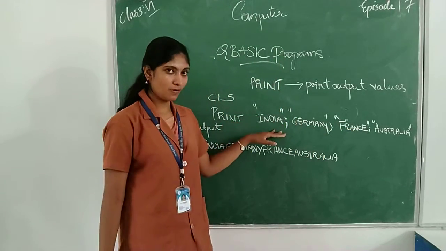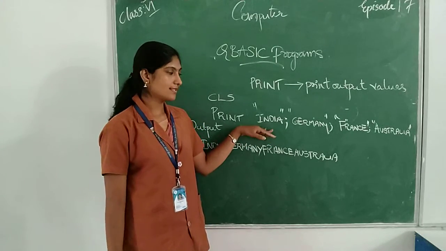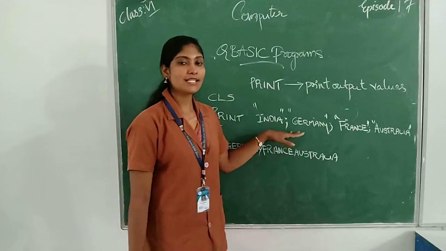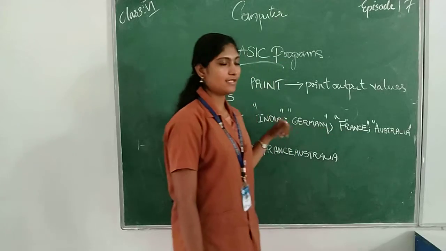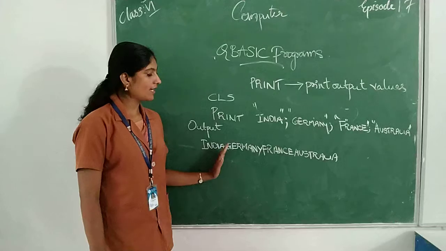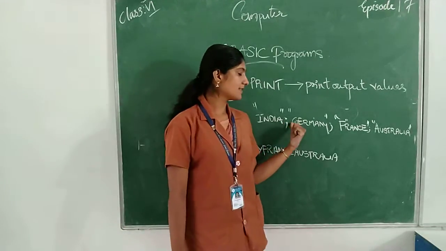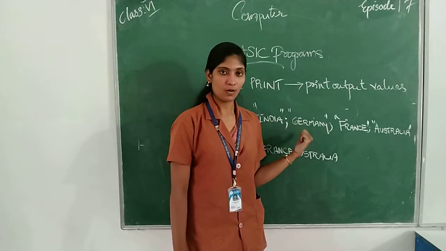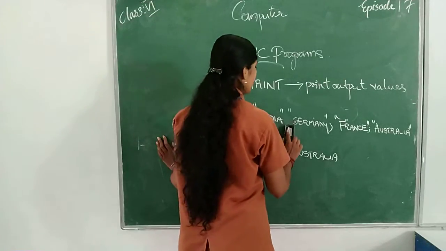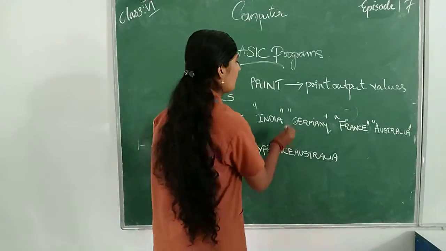If you want to divide the countries' names separately, instead of a semicolon, you should write a comma. So here the semicolon is replaced with the comma.